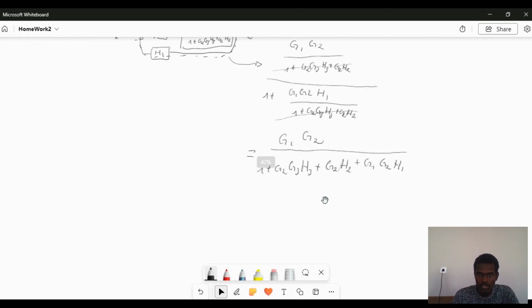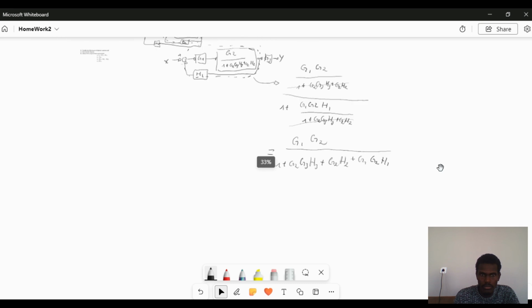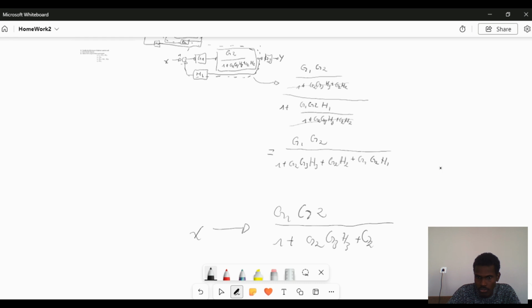So let's continue again towards this. We can find here x is going to this part. So it's G1 G2 divided by 1 plus G2 G3 H3 plus G2 H2 plus G1 G2 H1.